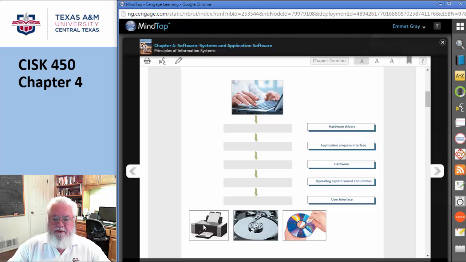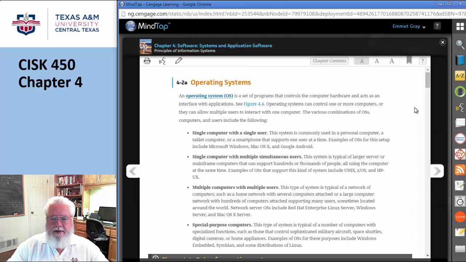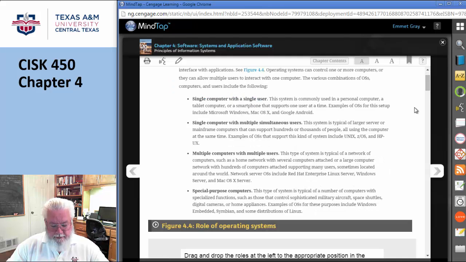So by the time you get down to the hard drive, you've gone through layer after layer after layer. The takeaway isn't to memorize what those layers are. The takeaway is that users don't directly touch the hardware in any modern system. It's just not the way it works.